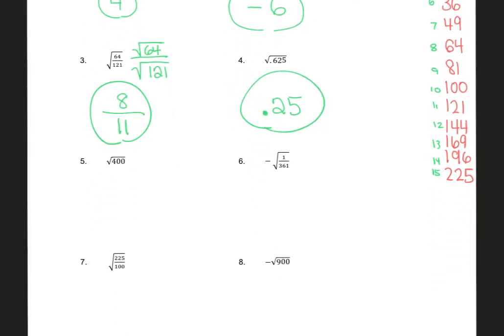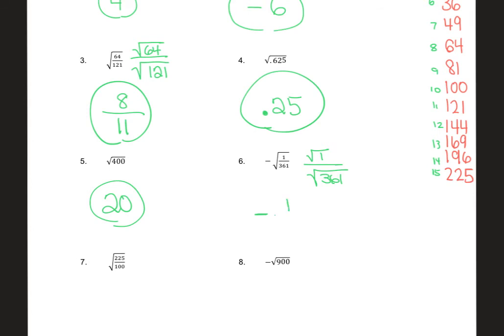All right, well, 400, we didn't get to it on our list that we made by memorization. That is 20 times 20, which you could get from your multiplication chart. Here, same thing, square root of 1 on top, square root of 361 on the bottom. When I say same thing, I mean as in number 3, where you give the square root to the top, square root to the bottom. We want the negative answer because the negative's out in front.